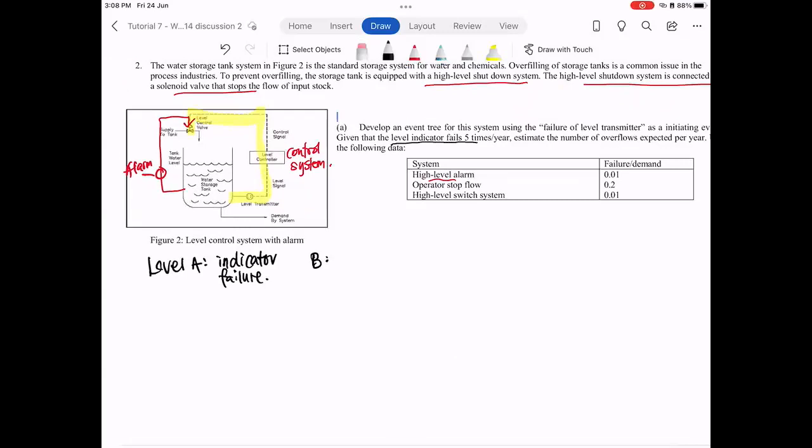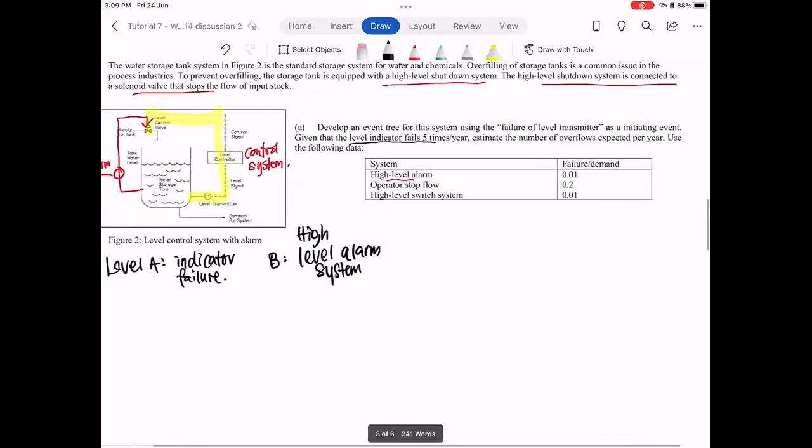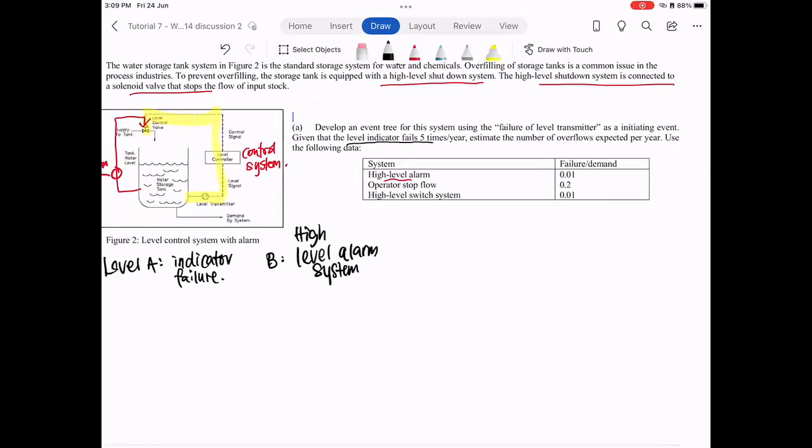Okay, so first thing, if let's say indicator fails, we have the first level, the high level alarm system. So when the high level alarm system rings, what happens is we have the third level, that the operator shuts down the system.